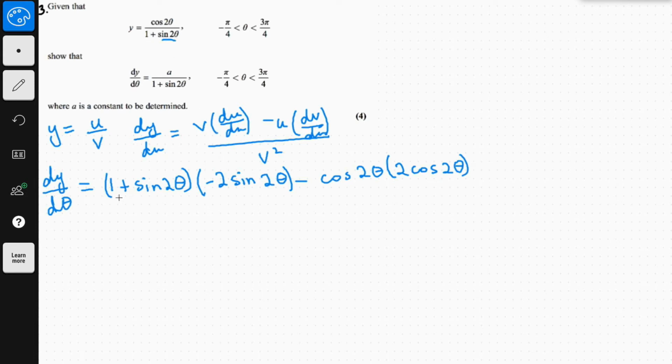And then we will square the denominator, which is 1 plus sine 2 theta whole squared.